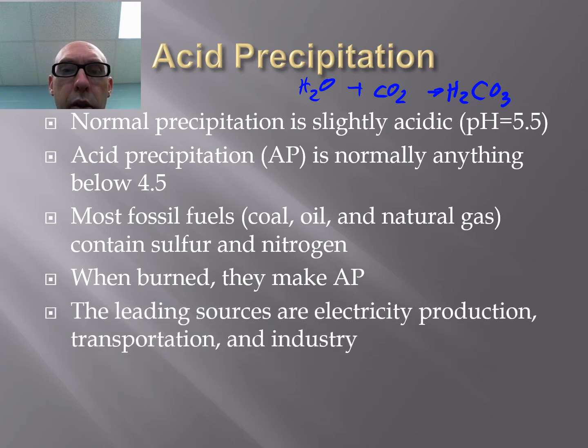The leading sources for this acid precipitation are electricity production, transportation, and what we cluster as industry, which is every plant that makes products that we use. Electricity production historically used an awful lot of coal. Ontario has stopped using coal in their plants, but they are still using mostly natural gas and a little bit of oil.